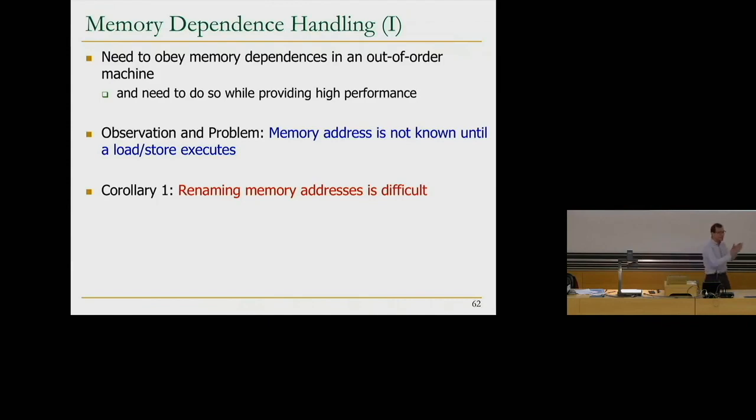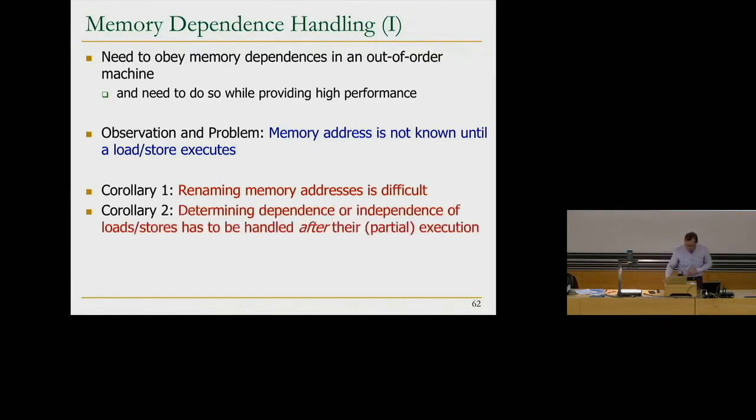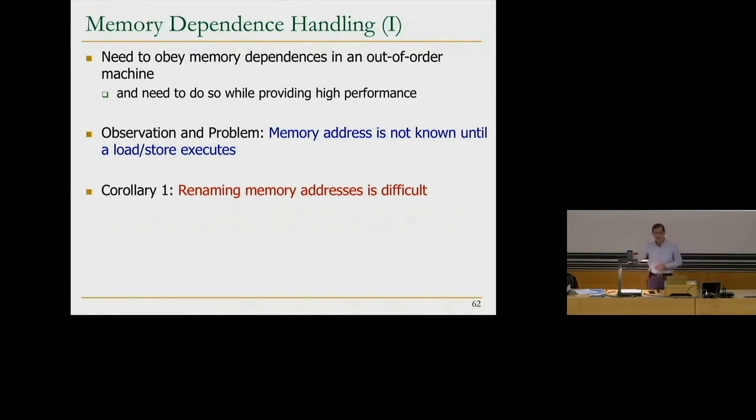The beauty of renaming was that when you're doing the renaming, it's in order, so you can link the producer to the consumer correctly. Here, it's a mess. Okay, because one instruction may have generated an address in some way, another instruction may have generated an address another way. So let me switch to this very quickly. I think we're going to switch back and forth a bit.